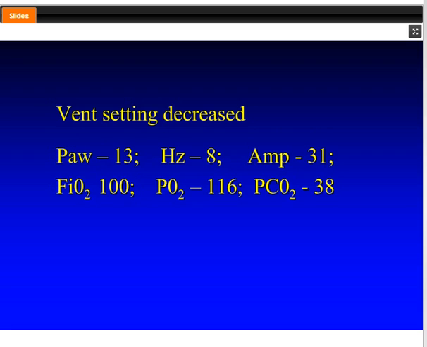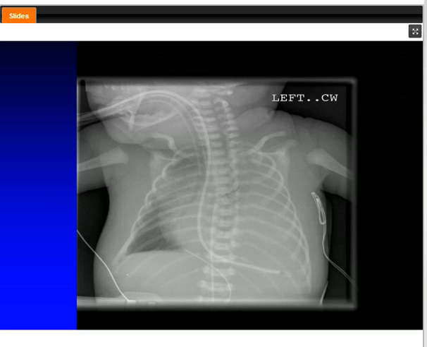But when you look at the x-ray, look what happened. The left lung that was inflated has now lost its inflation. The upper lobe isn't quite as well inflated, and you have some air along that lower heart border, but it's not completely underneath of it. So this baby is losing lung volume.